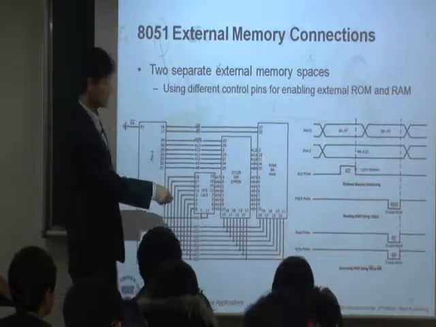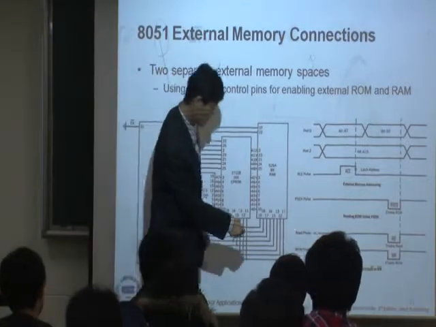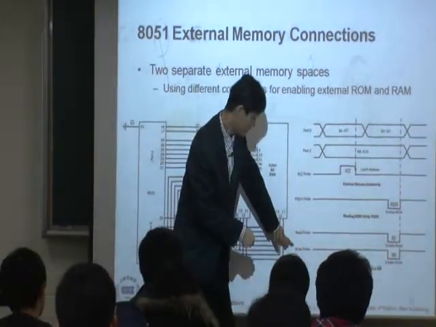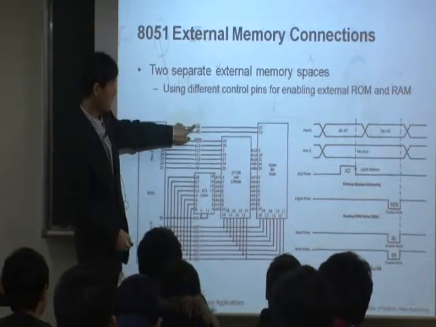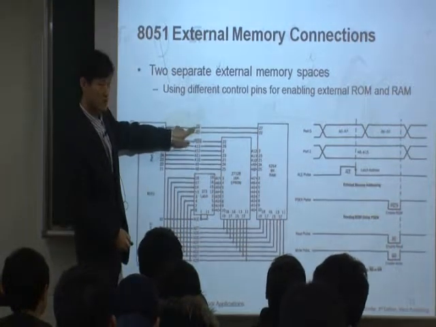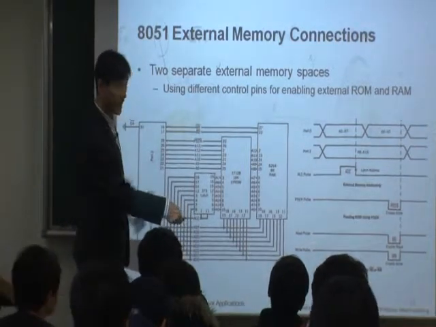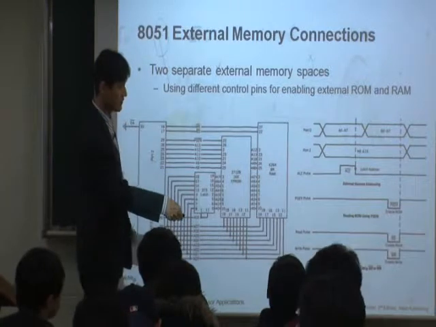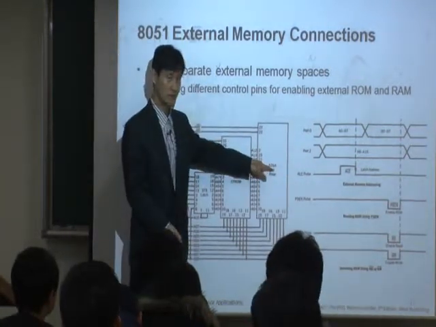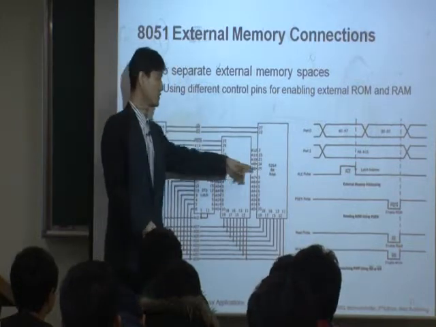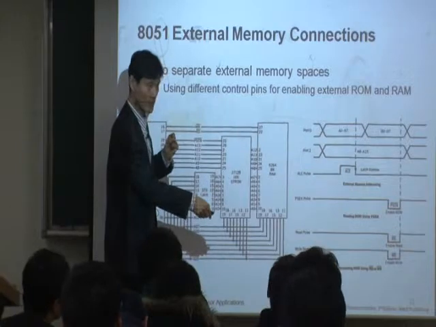Generally these memories are active low. So look at the read pulse and write pulse here. These two lines are active low. Normally this one has 5 volts, it's high. And if I want to write some value, or read some value from RAM, only then you make it low.